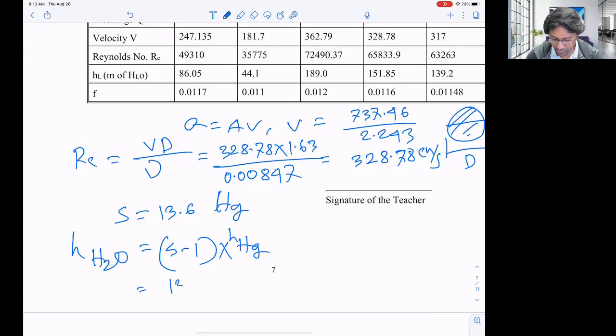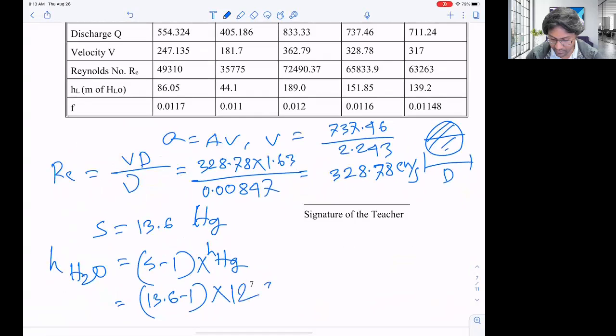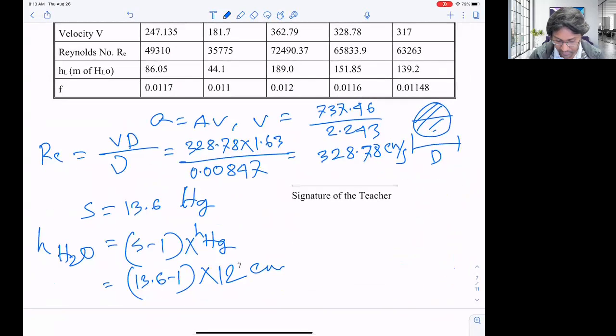So 13.6 minus 1, multiplied by 12 centimeter, is 163.2.